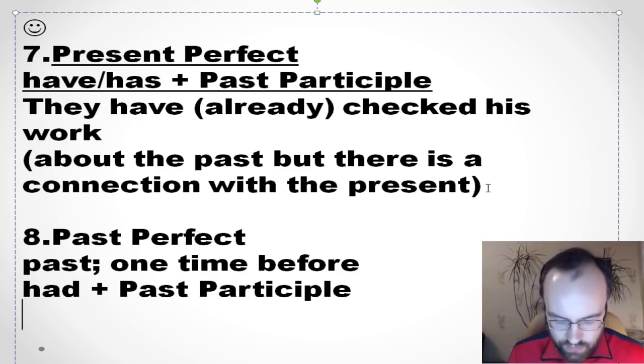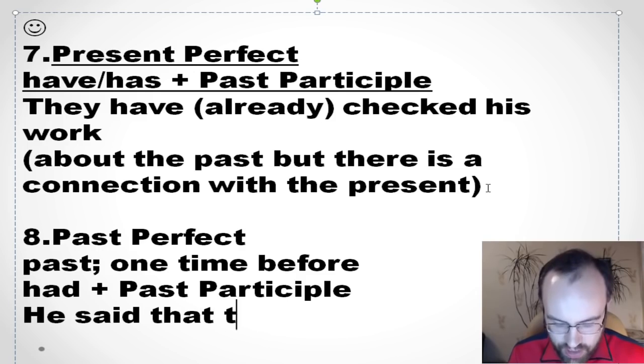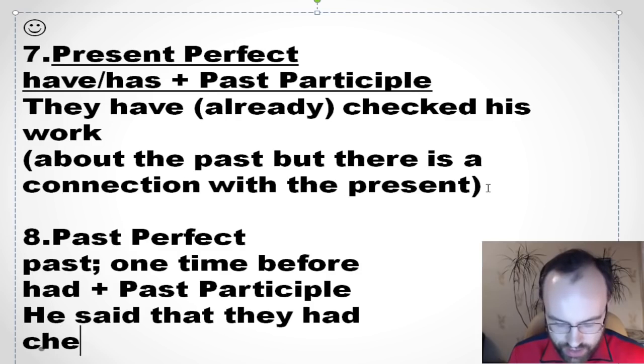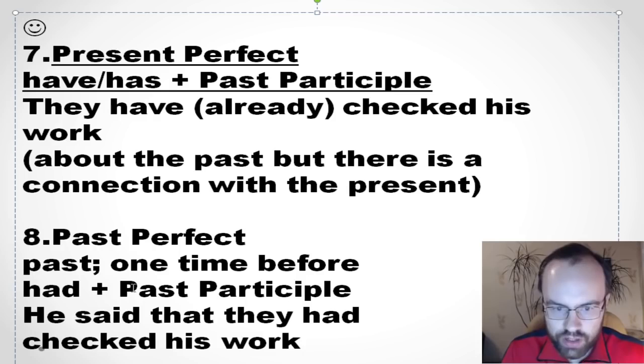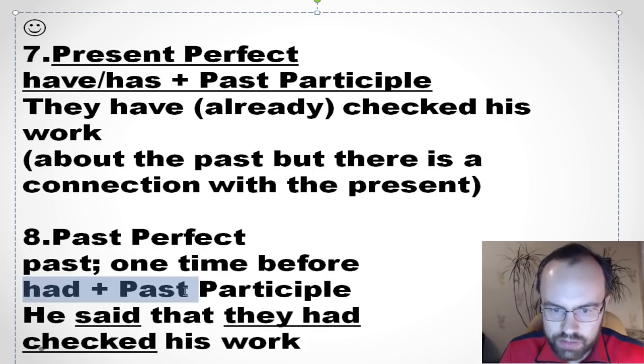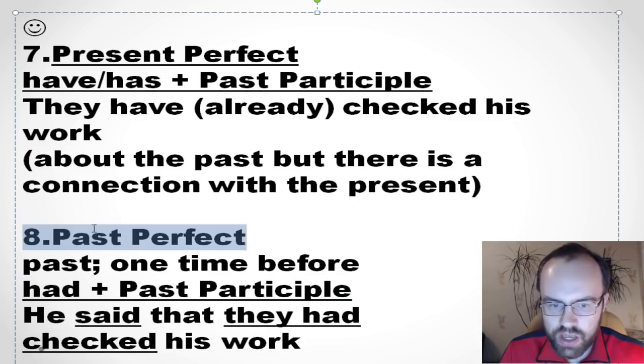So you see, for example, he said that they had checked his work. So he said it's about the past, but had checked happened earlier. You say had plus past participle. So checked, it's a past participle, okay? Past perfect. Okay, very good, my friends.